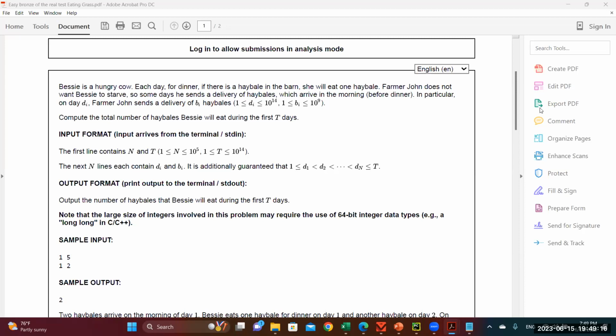Then the next n lines will have D and B, where D is on which day Bessie will get food and B is how many hay bales Bessie will get. And then it's asking how many hay bales Bessie will eat for the first T days. Yeah. But how do we do it?